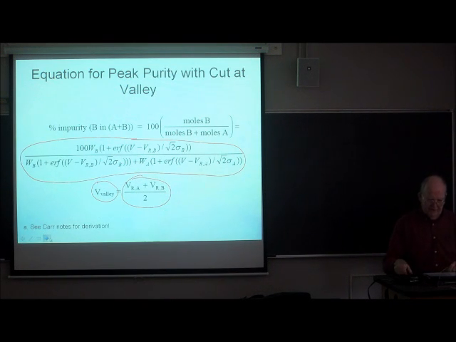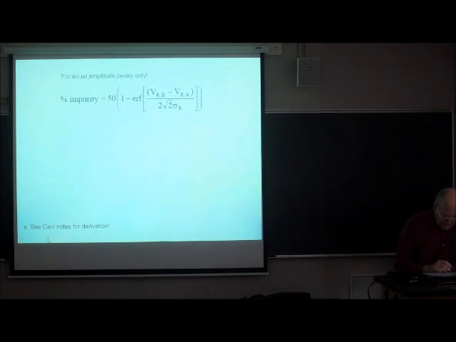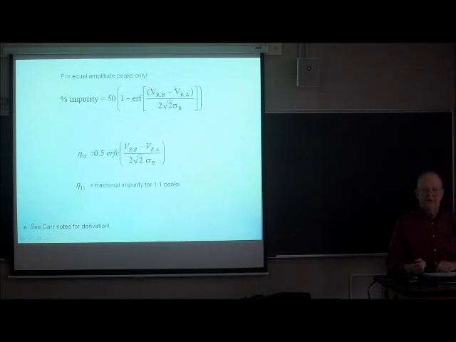So the denominator, when WA and WB are the same, is just the total amount of sample that was injected, the total amount of A plus B. And then we got to work on the numerator, and that whole thing turns out to be this, and we replace that with our definition of resolution.